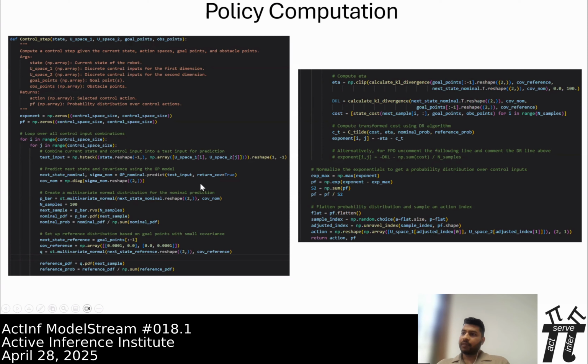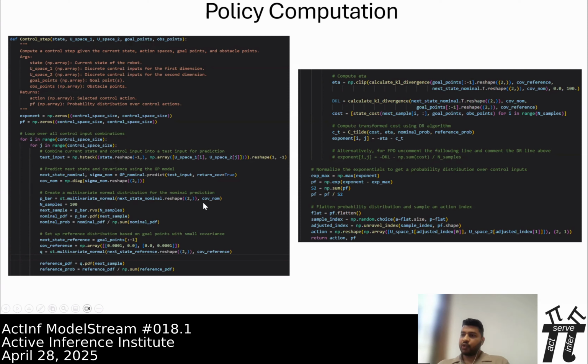And I give this cost matrix and the eta to the C tilde function. And as I showed earlier, it will give out another scalar value, the transformed cost, which is our exponent. The minus eta times C tilde is our exponent. And so here we use the exponential trick to normalize this and formulate the action PDF, because to avoid any overflow and underflow, we subtract from the exponent the maximum of that exponent matrix.